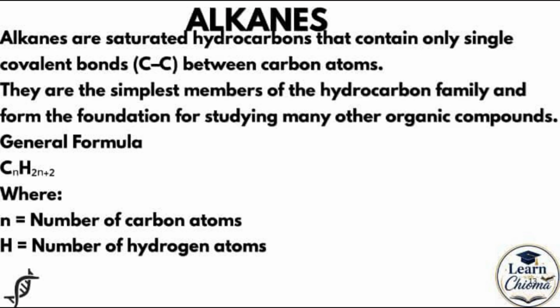Our journey into the hydrocarbon families begins with the alkanes, the simplest and most fundamental organic compounds. Alkanes are saturated hydrocarbons because every carbon atom is connected to another carbon atom using only single covalent bonds. As a result, each carbon atom carries the maximum possible number of hydrogen atoms. This is why all alkanes follow a simple general formula: CnH2n+2, where n represents the number of carbon atoms.